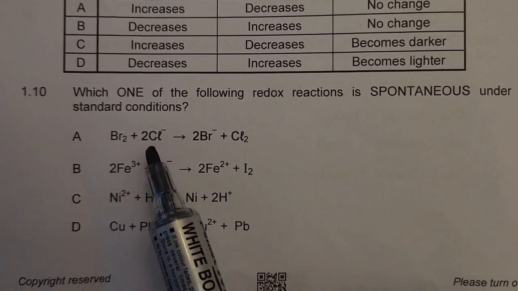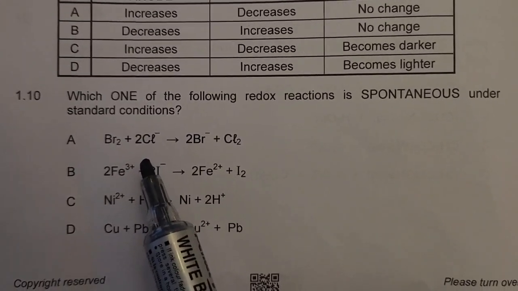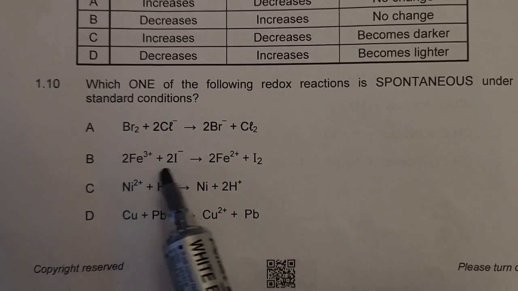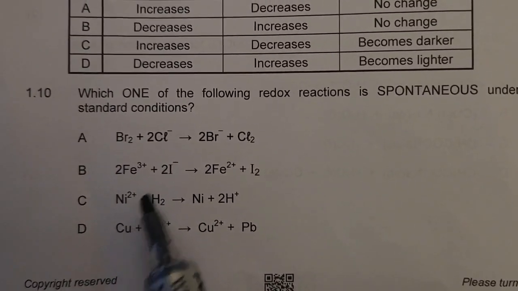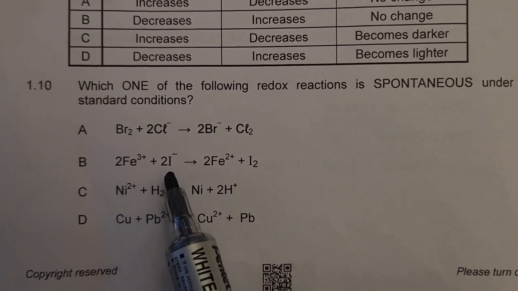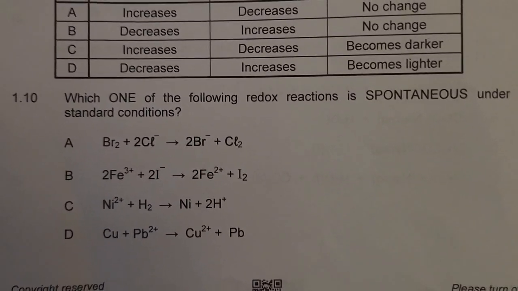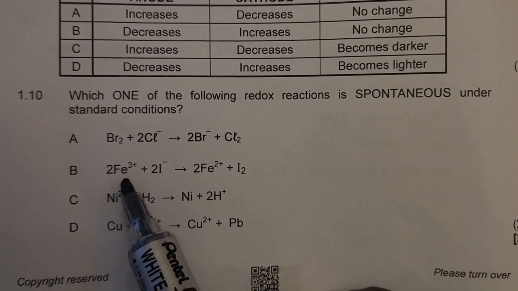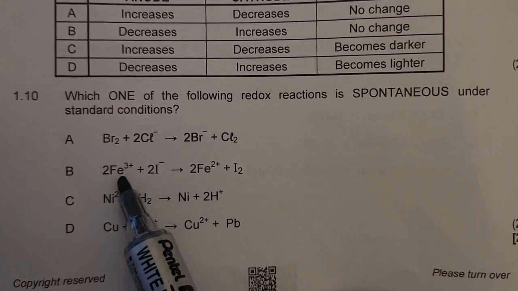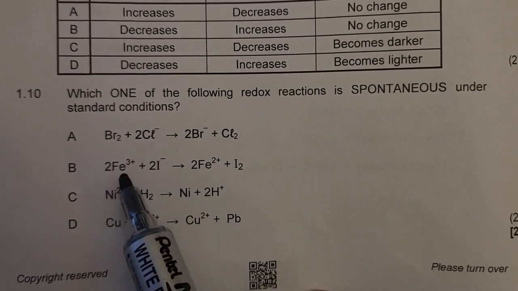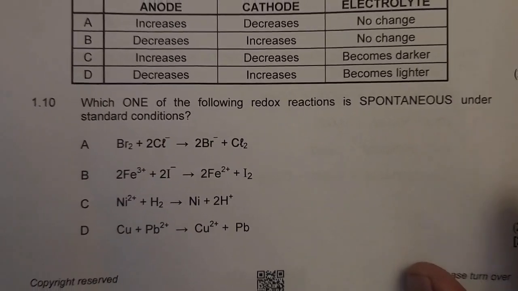We know chlorine is the strongest oxidizing agent, therefore it will be reduced. This won't happen. The best one would be number B. So whereby now iron, yes, when reacting with this, we will find that now the electrode potential of iron 3 and this one is the small. This one is reduced. This one must be bigger than the iodine ion.